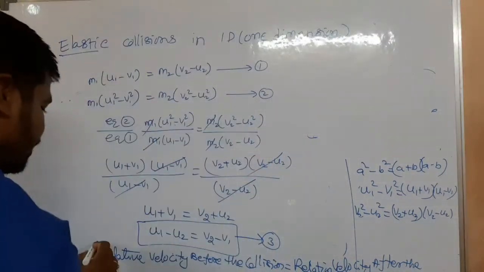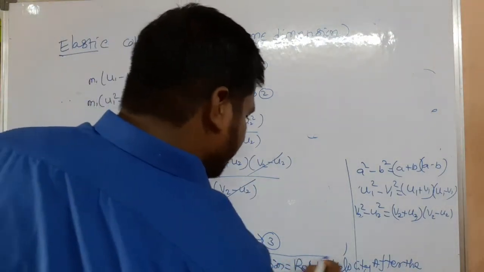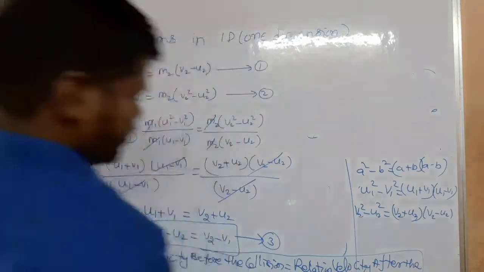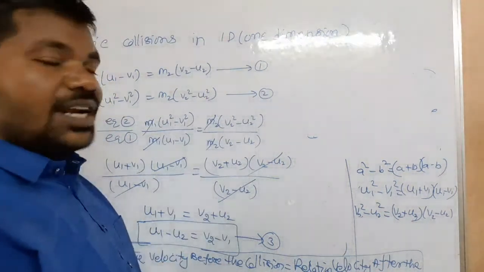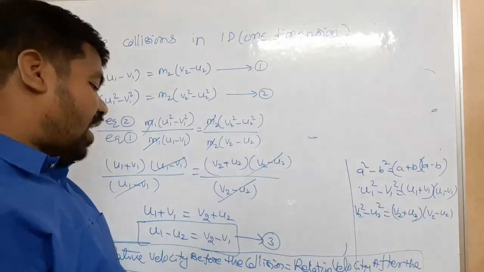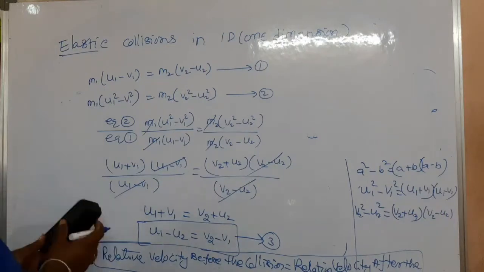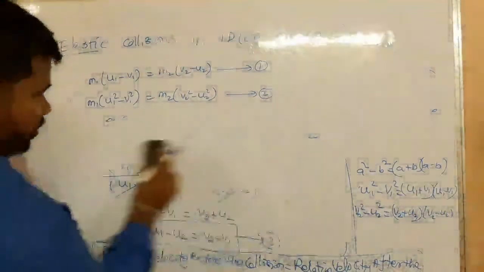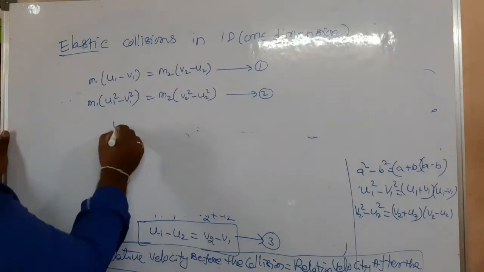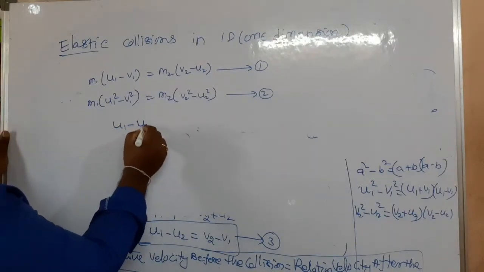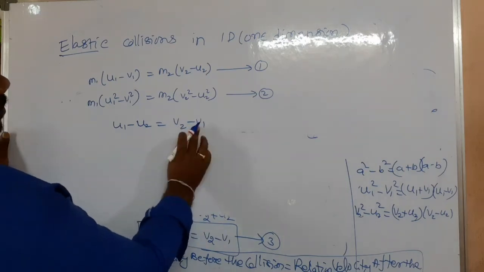Understand, my children? Relative velocity before the collision is equal to relative velocity after the collision. Equation 3: u1 minus u2 is equal to v2 minus v1.